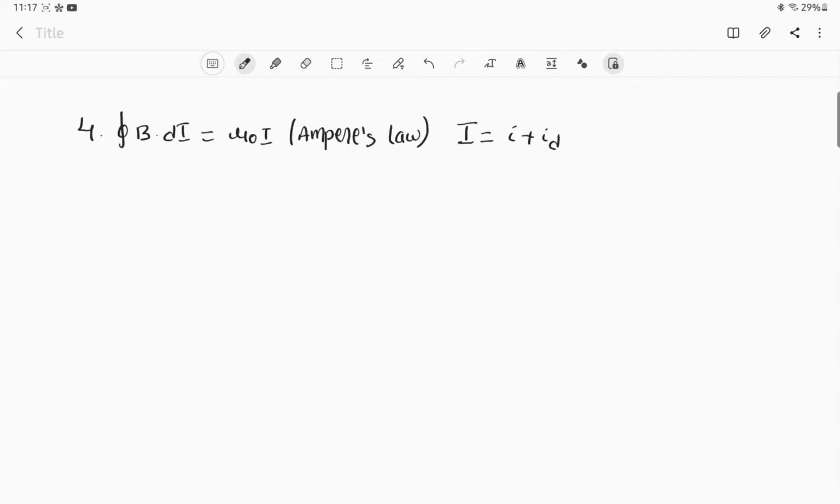So we need to consider the current density. What is that current density? For this derivation, let us consider the current density.